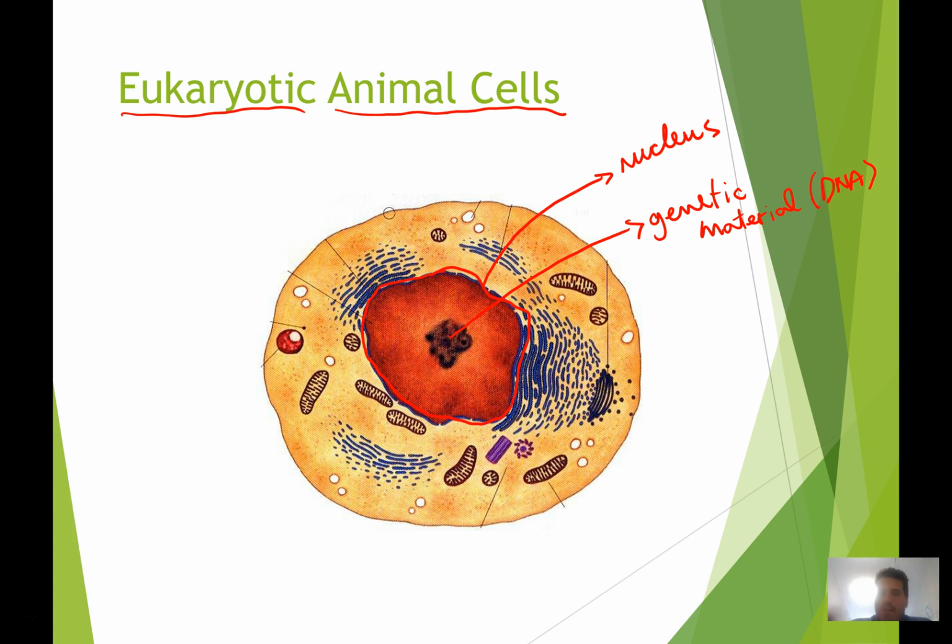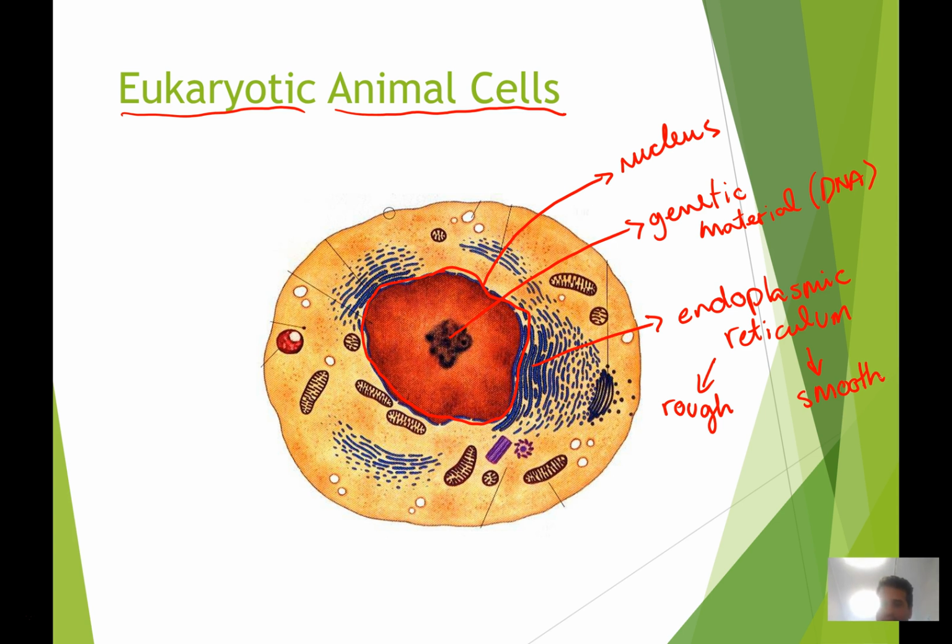And then just outside of the nucleus, we've got these blue ribbed things, which we call the endoplasmic reticulum. You've got two types of endoplasmic reticulum. Mostly we talk about rough endoplasmic reticulum, but you can also have smooth endoplasmic reticulum.